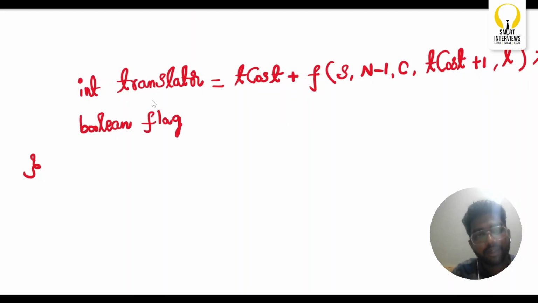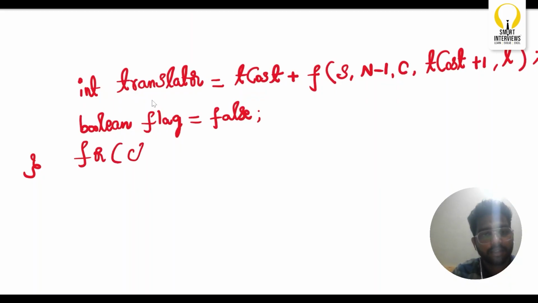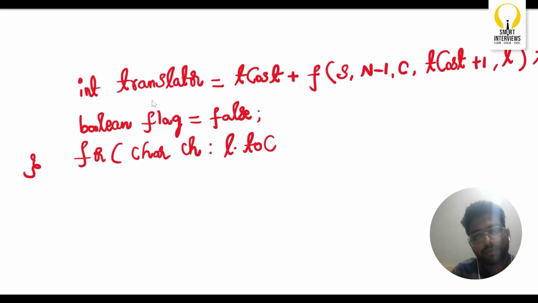Let's assume that I don't know that language initially, okay? And where do I have to search? In L, right? So let's say for ch in L dot toCharArray, right?